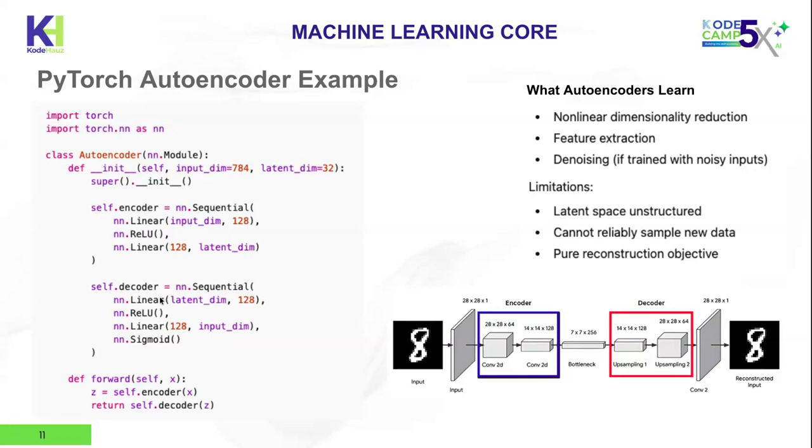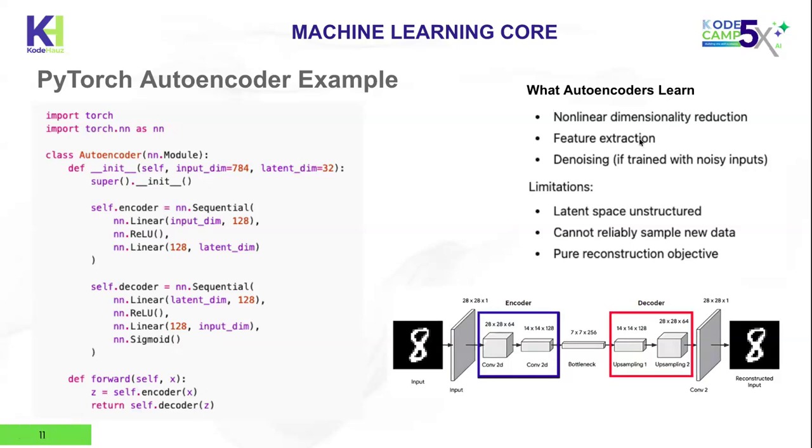Then the decoder will take the latent dimension and expand it out again through another linear layer with the input dimension, which is the original size. And then you pass it through a sigmoid. So this sigmoid helps to calculate the probability of whether it matches the original X data. And that's it, that's all.